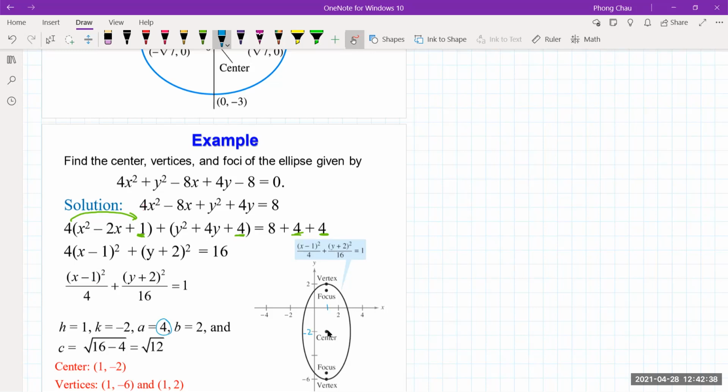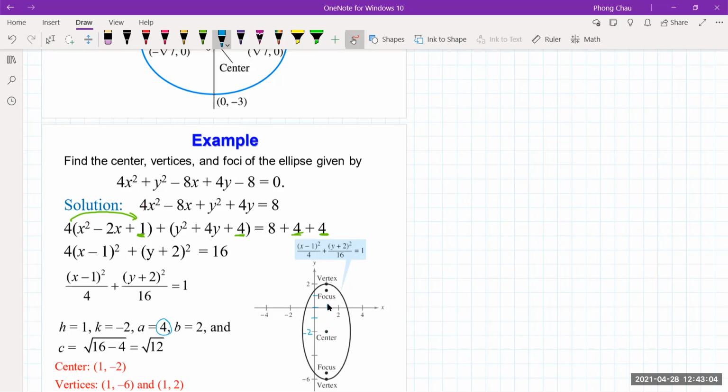So from the center, you're going to move up and move down 4 units to locate the vertex. So if we go up 1, 2, 3, 4, so we actually add 4 to -2. It's -1, 0, 1, and 2. So the vertex is right there.